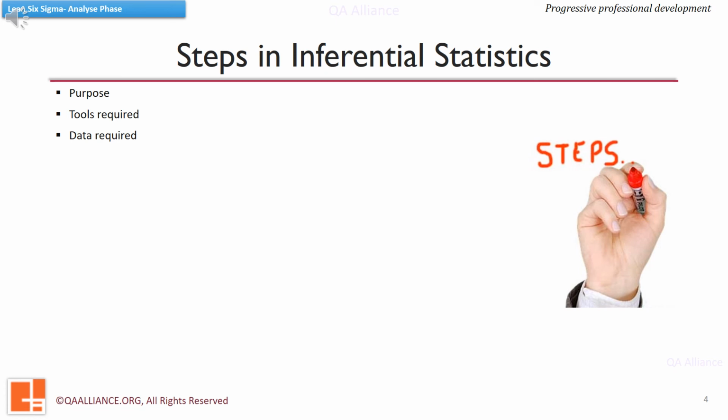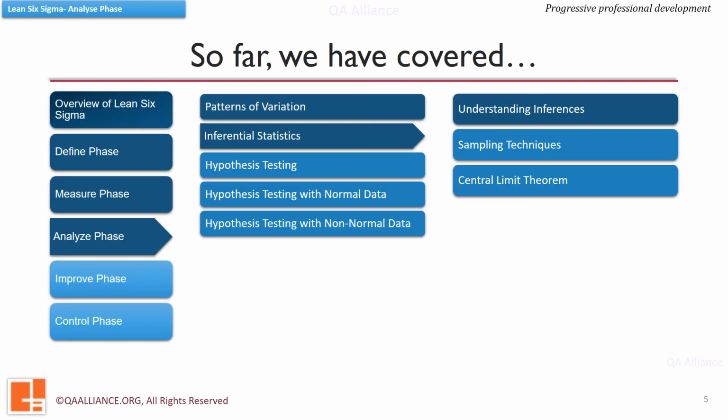Data is collected and analyzed for the inferences. Along with the inferences, we should also know at what level of confidence our conclusions are. As we have understood the purpose of inferential statistics and the steps used for data analysis, before we start applying inferential statistics, we must also understand the sampling techniques well.